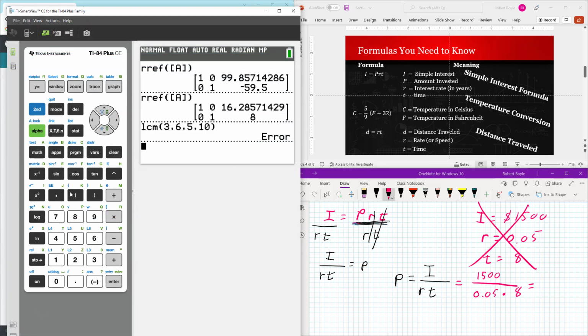So here is my computer emulation for a TI-84 series calculator. What we can do is go ahead and type in our little expression here. That will be 1,500 divided by, I'm going to need to use parentheses here, 0.05 times 8, close the parentheses, hit enter.